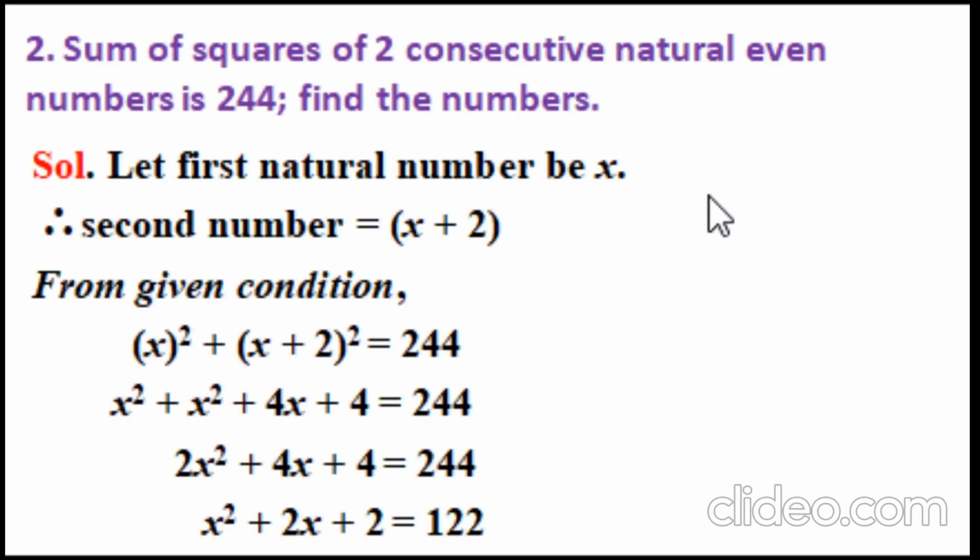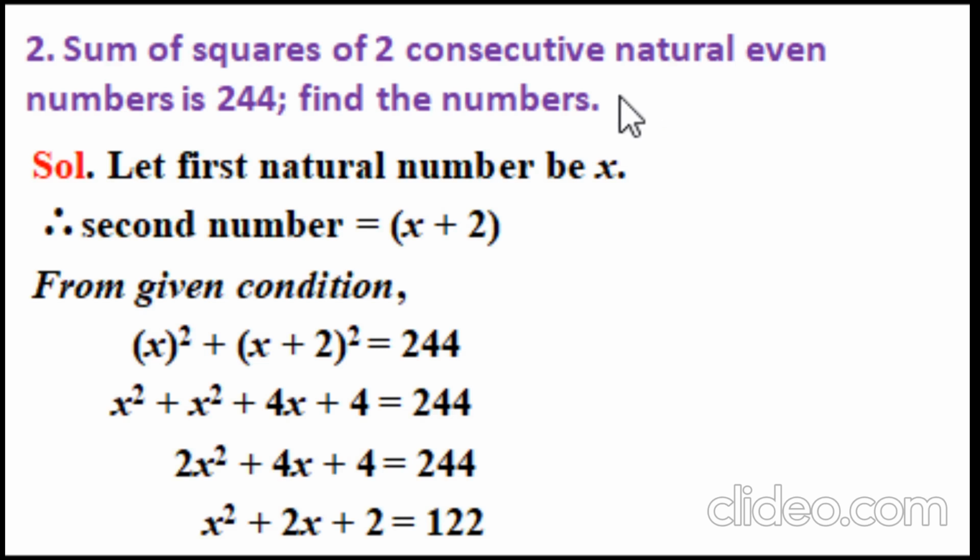Next question. The sum of squares of two consecutive natural even numbers is 244. Find the numbers. So we know natural numbers, we have already learnt in standard 8 and 9. Natural numbers start from 1, 2, 3, 4 and have no end.